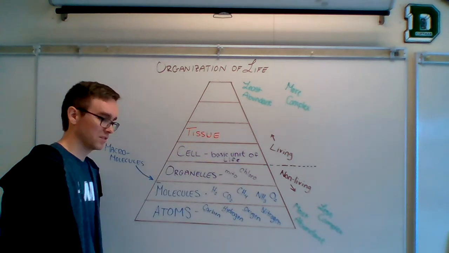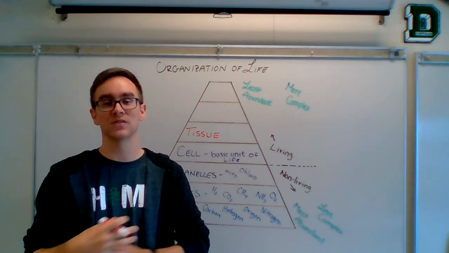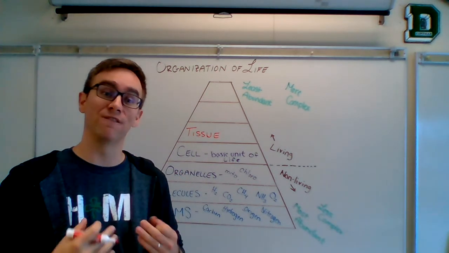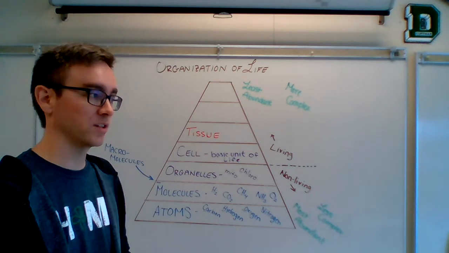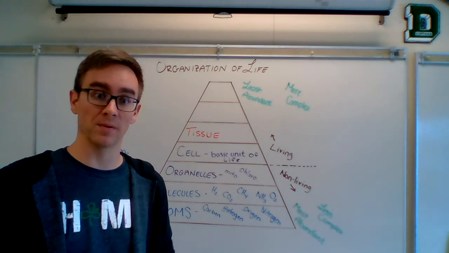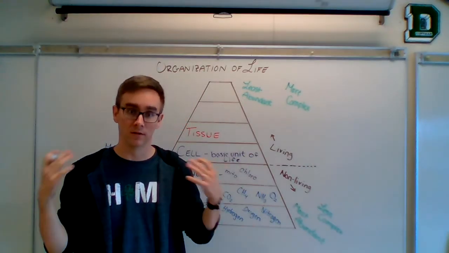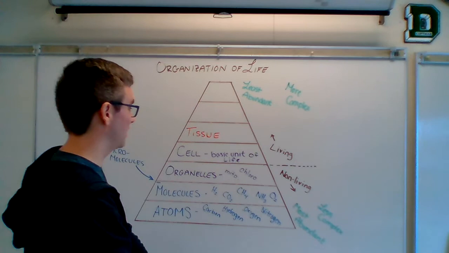Tissue is muscle tissue, skin tissue. These are all cells that perform a similar function and thus can work together and do more complex things. A muscle cell by itself can't do a whole lot, but a bunch of muscle cells working together can move my body around. So now we have tissue here.